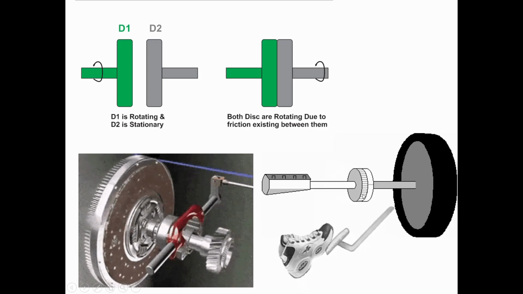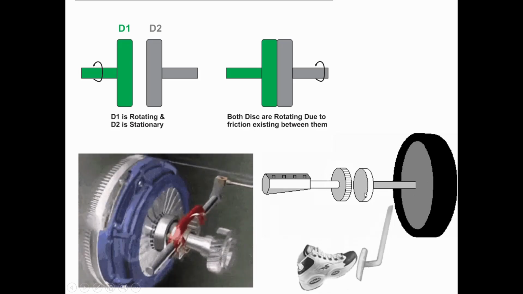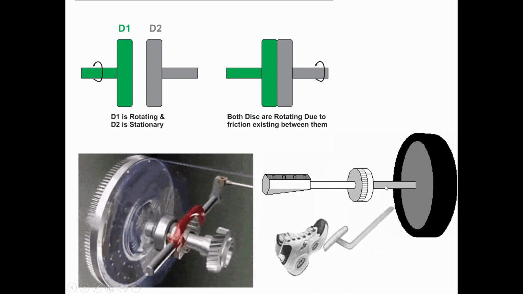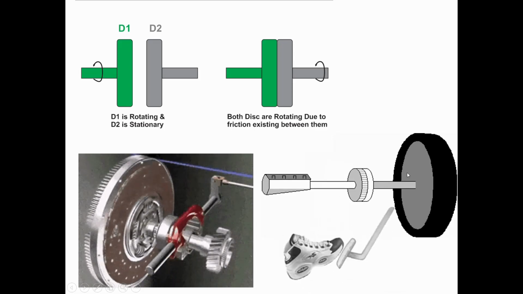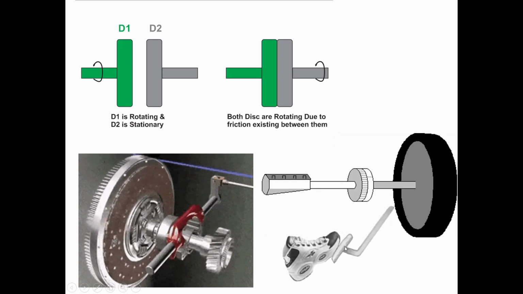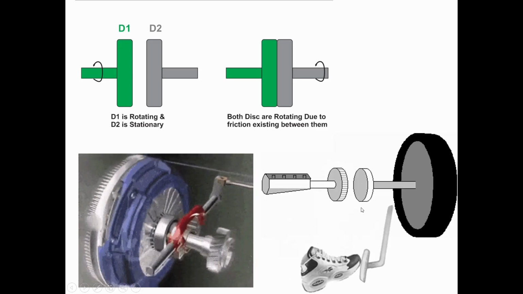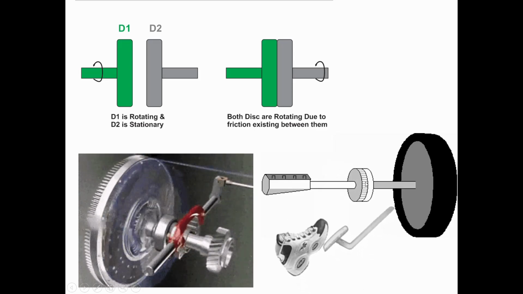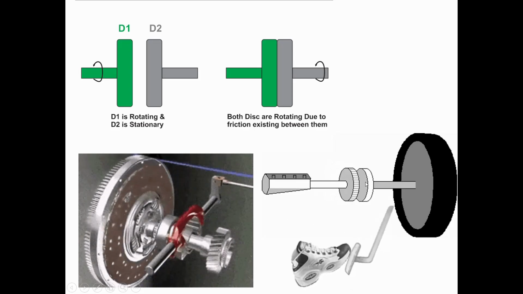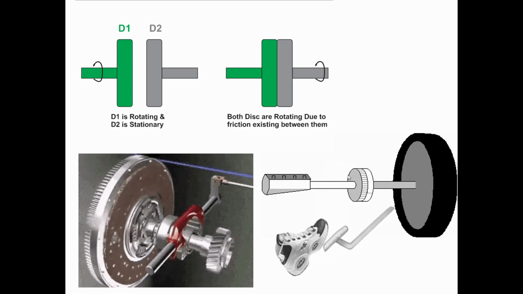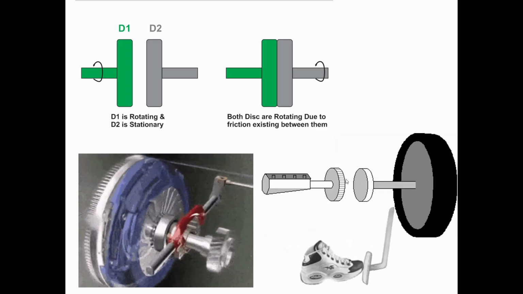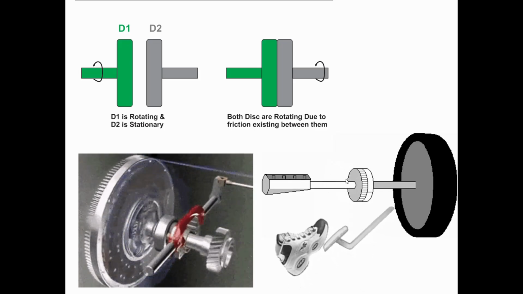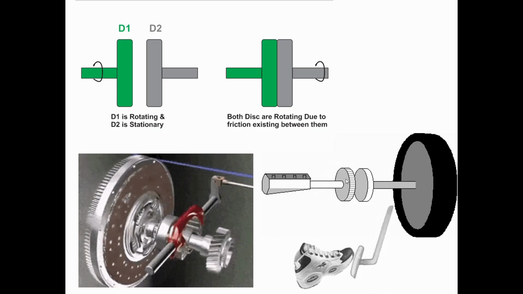When the driving end makes contact with the disc, it makes the driven end rotate and the power is transmitted. When the driver presses the clutch pedal, it releases that power transmission and the gap between the driving disc and the driven disc increases.